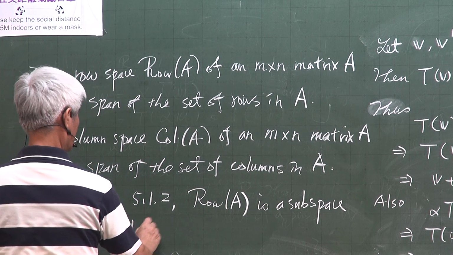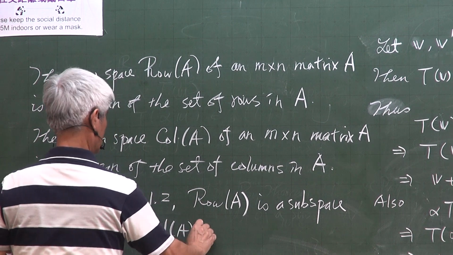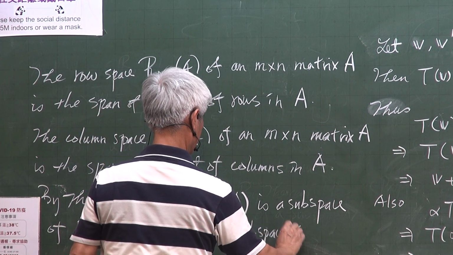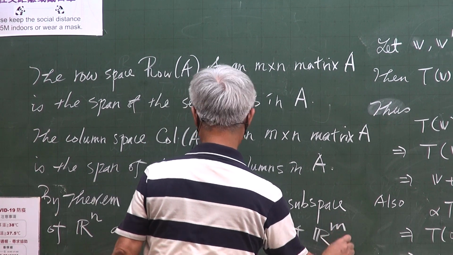And the column space of A is a subspace of R m.